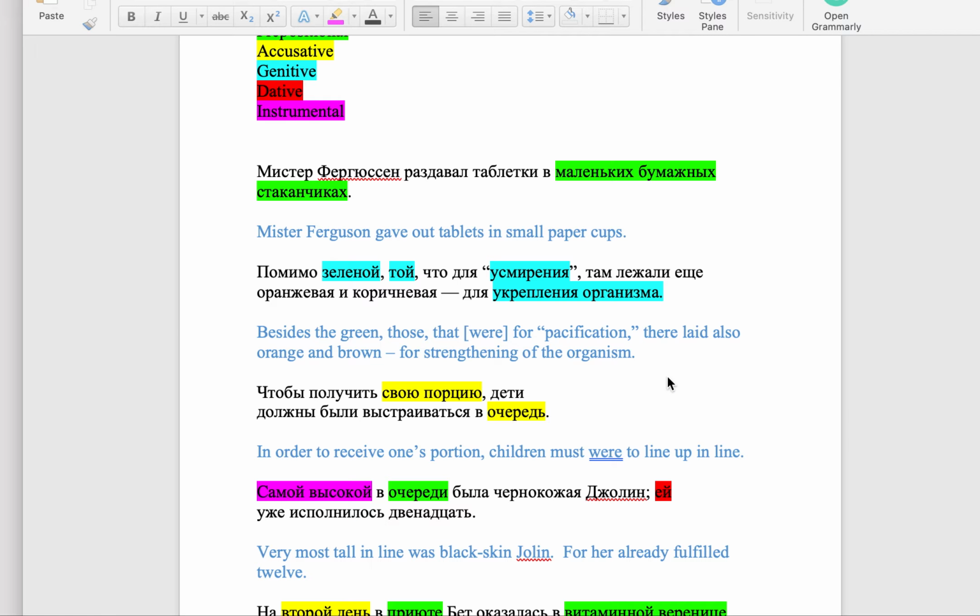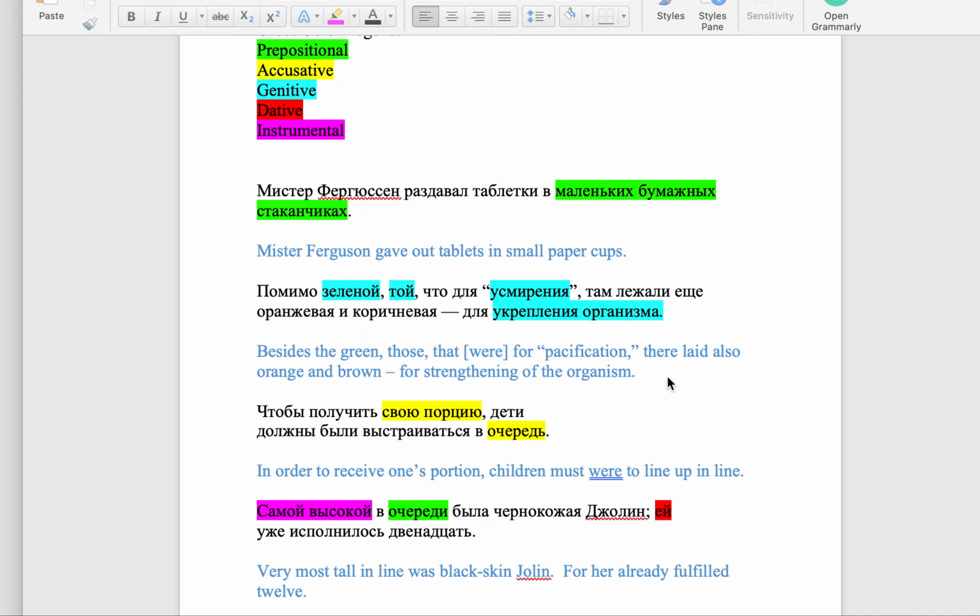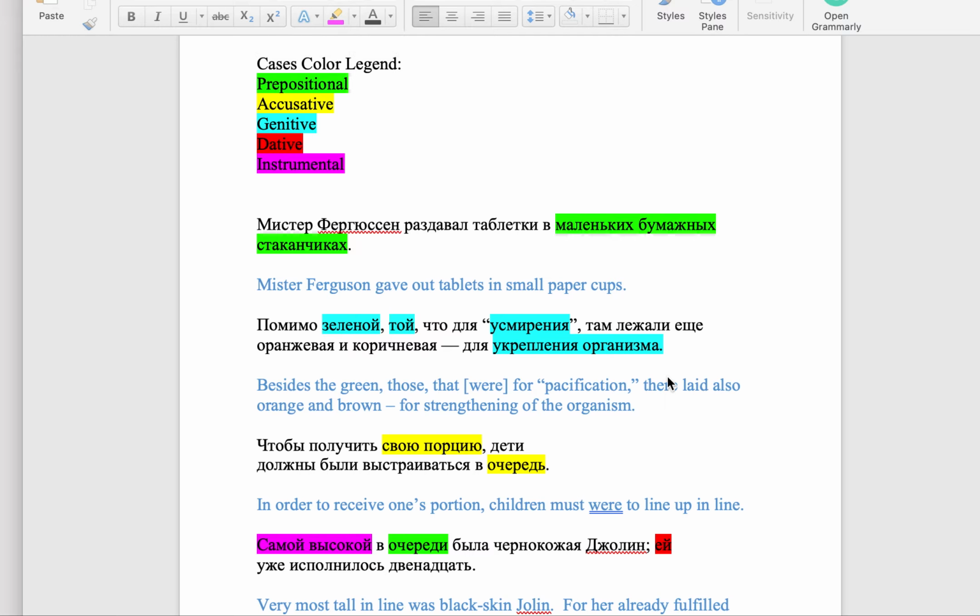So what I'm wanting to do here is show you how these cases pop up within the Russian text, because I think a lot of beginners don't really know when a certain case is being used. And hopefully I can kind of explain why the endings are the way that they are and how those cases are being used.